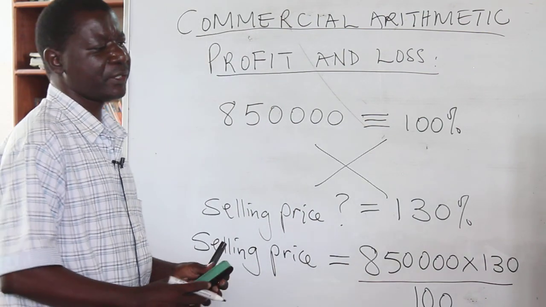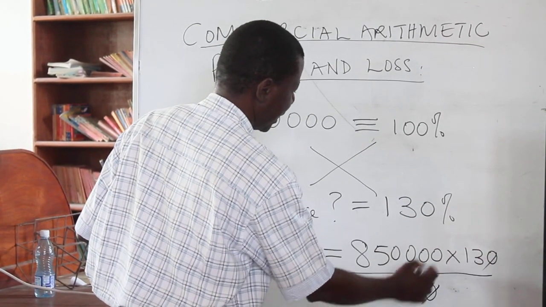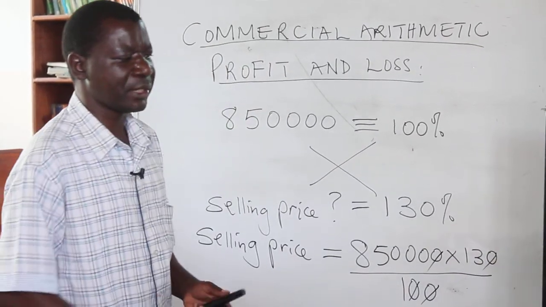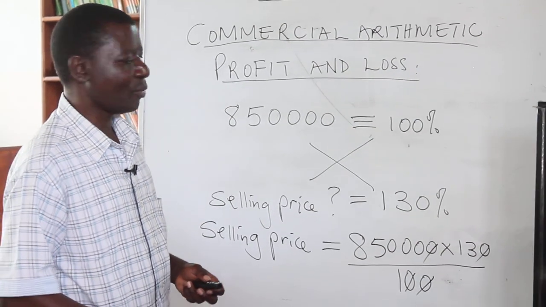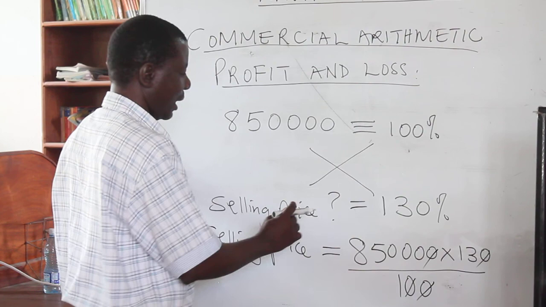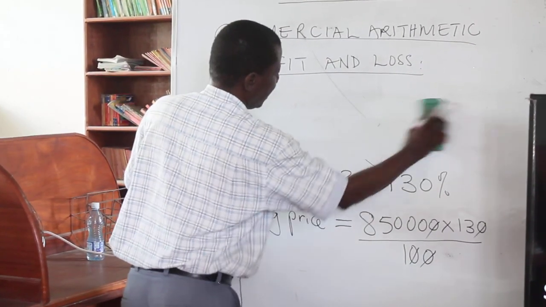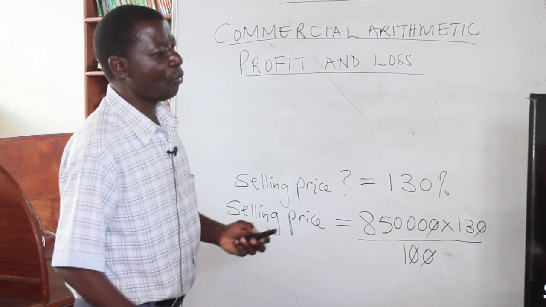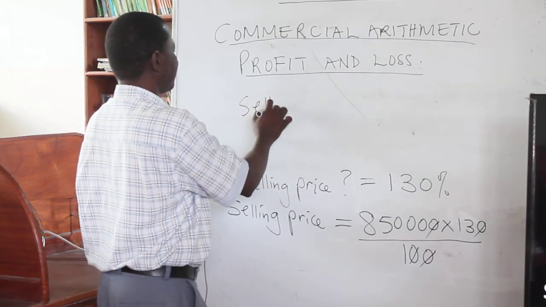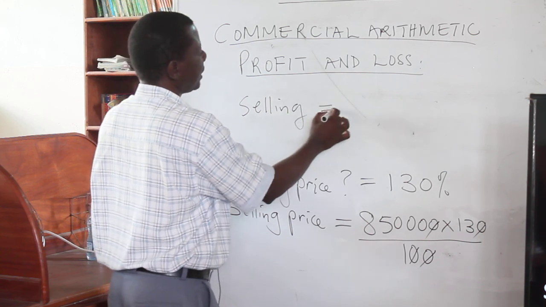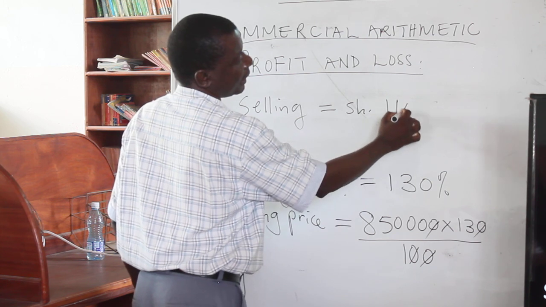If we cancel, we simply get 1,105,000. So the selling price will be Kenya shillings 1,105,000.